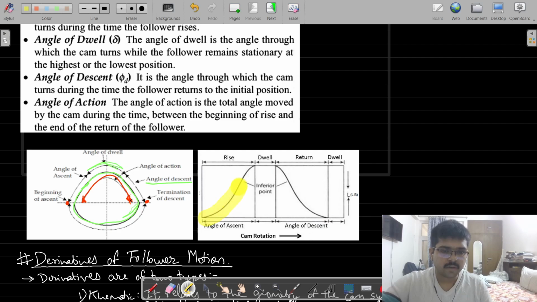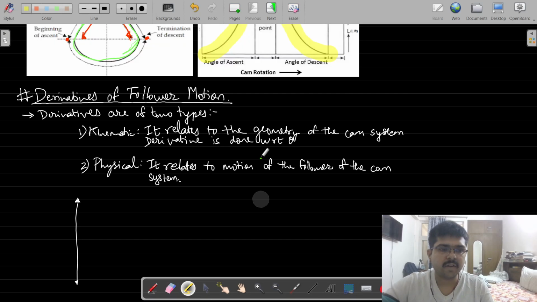Then we have dwell, which is here, and then we have the angle of descent. Like that we can plot a graph between rotation and follower rise.